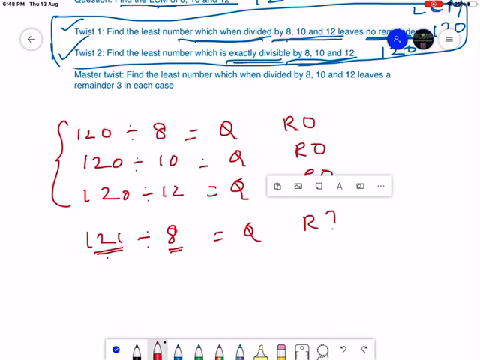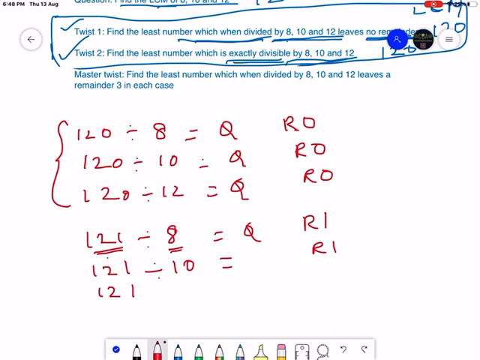So 121 will give you remainder 1 when divided by 8. Agreed? So now what do you think 121 will give you as remainder when divided by 10? It will be 1. What will be the remainder when you divide 121 by 12? It will be 1, because it is 1 more than 120. Agreed? All of you? Alright.